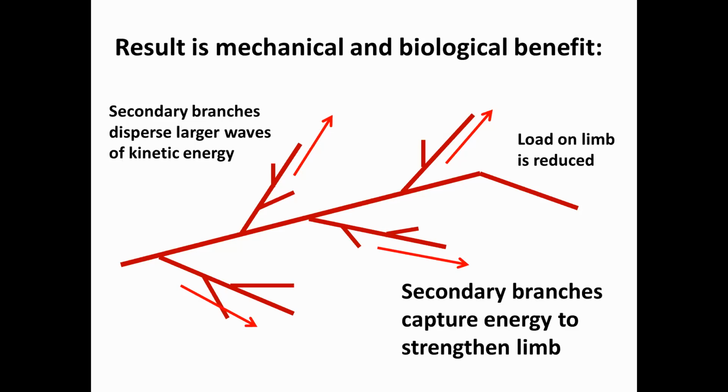And further following that, those branches now have more access to light and the apical dominance is removed, so the secondary branches grow more, they capture more energy, and they feed into increasing the taper on that limb, so they strengthen the limb. That's why I call it mechanical and biological benefits from reduction cuts. You're building the structure of that tree longer term and using the hormonal and biological means to support that.